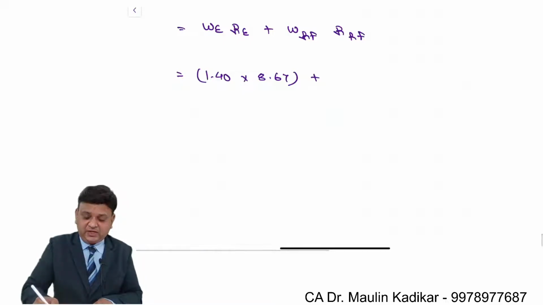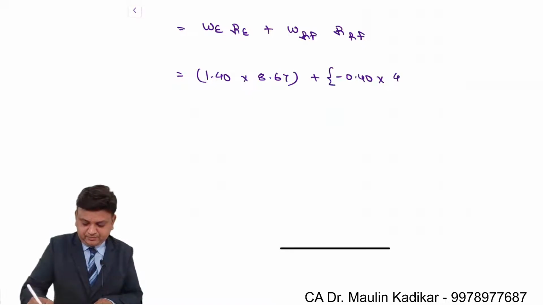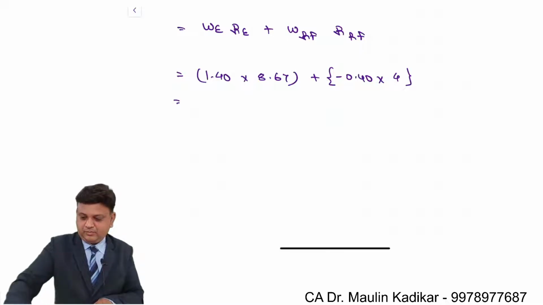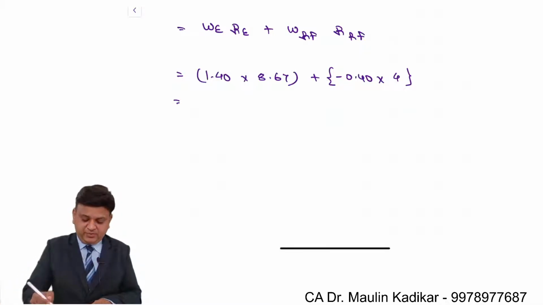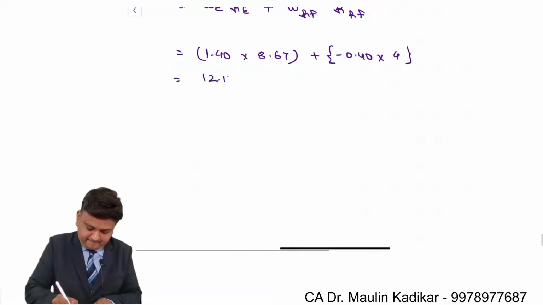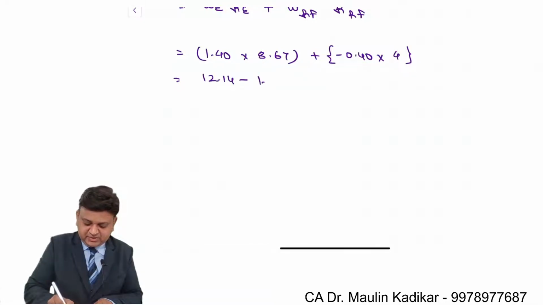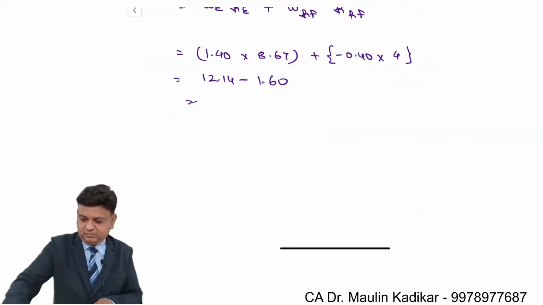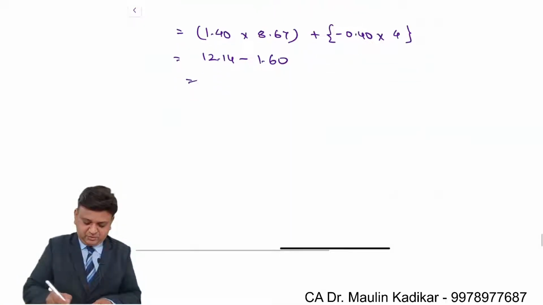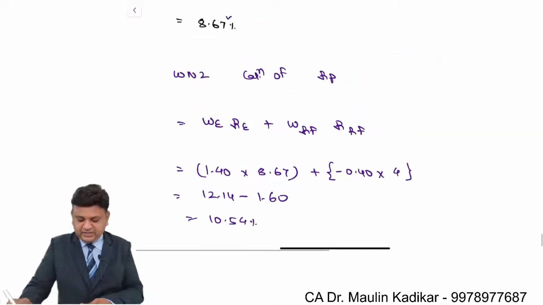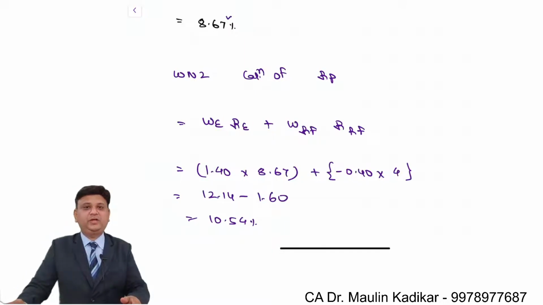Plus, what is the weight of risk free? Negative 0.4. What is the return of risk free? 4. 1.4 into 8.67 is 12.14, minus 1.60, 10.54. This is the way the return of the portfolio can be calculated.